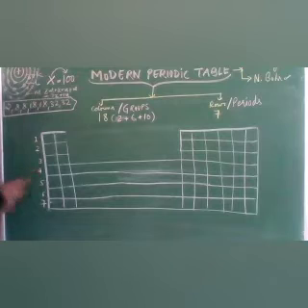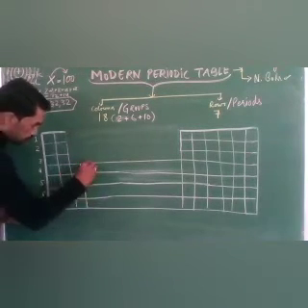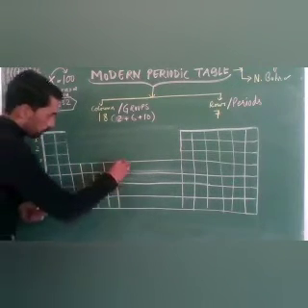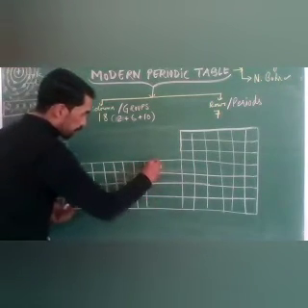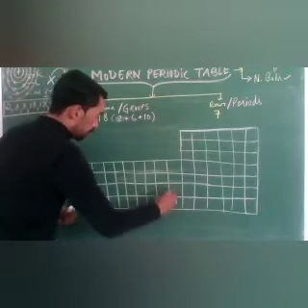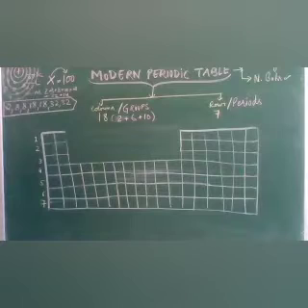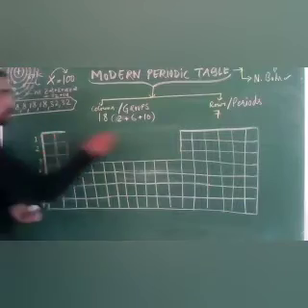After that, you make 10 lines: 1, 2, 3, 4, 5, 6, 7, 8, 9, 10. So in the first row there are 2, then 6.